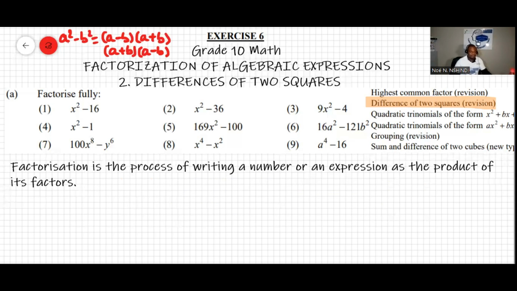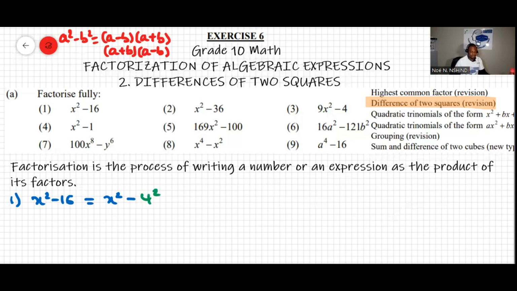Now, we have question 1 here that says x squared minus 16. The thing is, x squared is a square already, and 16 is also a square, because it is the square of 4.